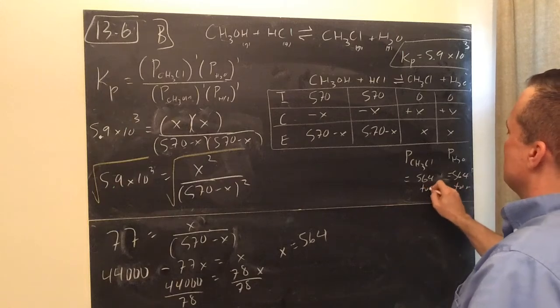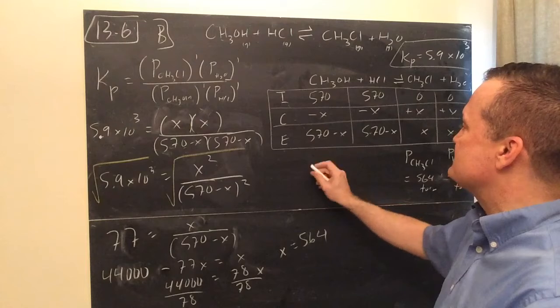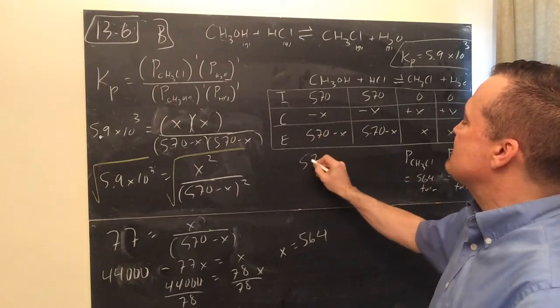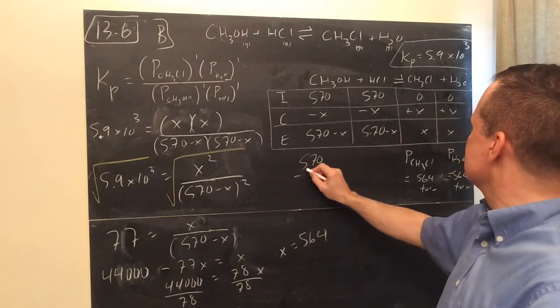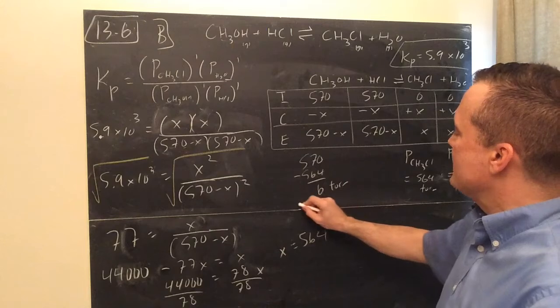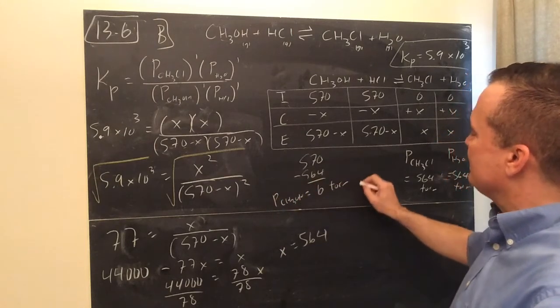These are all in torr. Now, isn't that amazing? Because look at that. 570 minus 564 will be this one. It's going to be almost none of this stuff. So 570 minus 564 equals 6 torr is the pressure of CH3OH and the pressure of H2O.